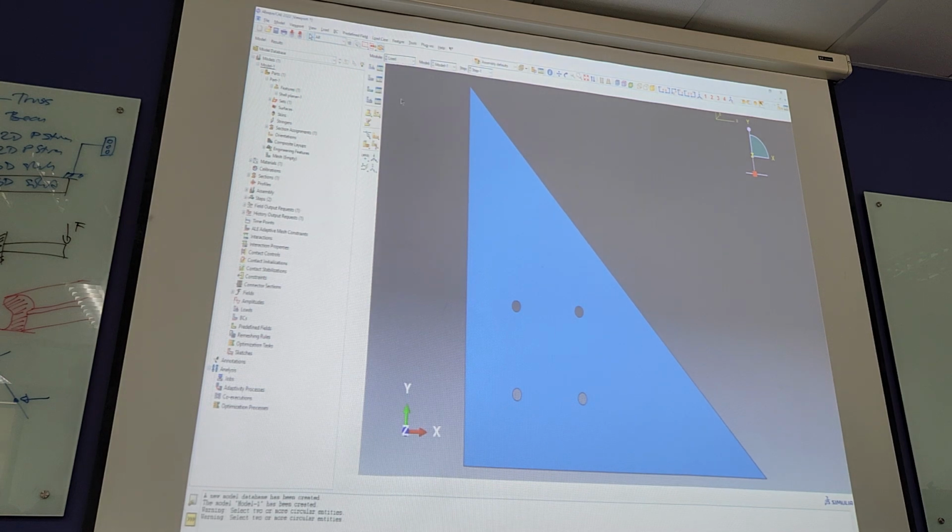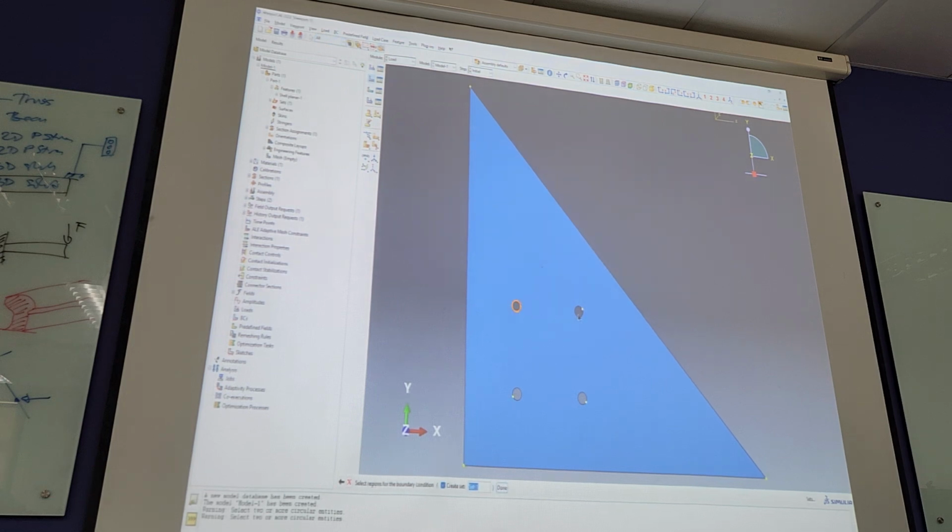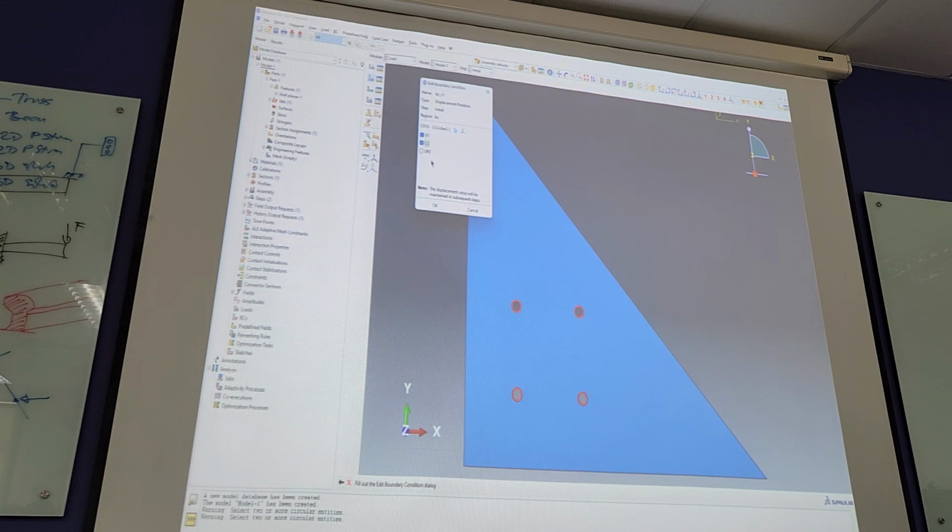When it comes to loads, we can do the easy ones, which is boundary conditions, so BC. Boundary condition. And it's fully fixed.